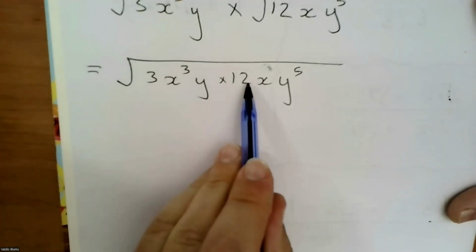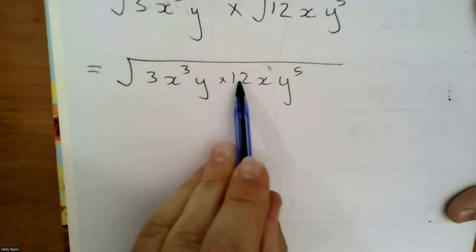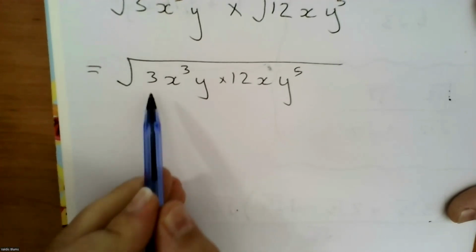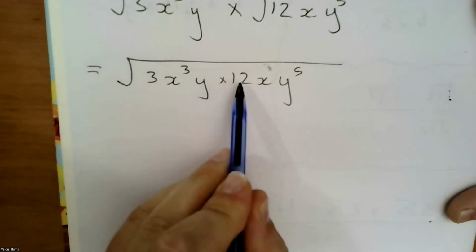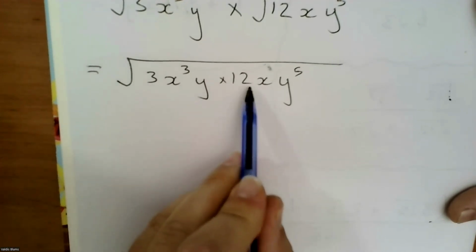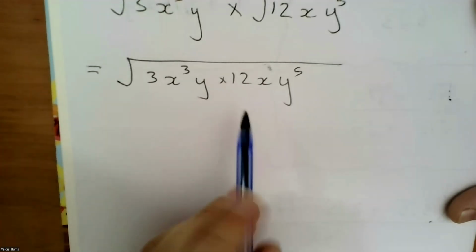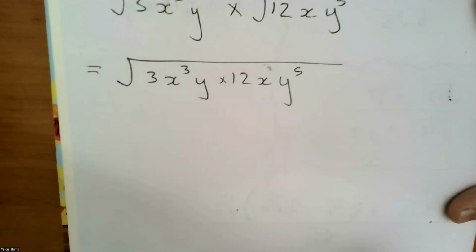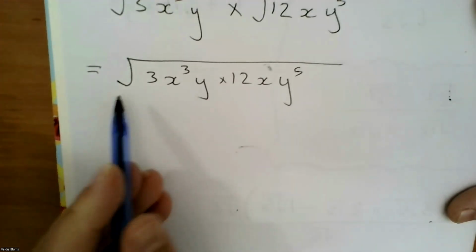Now, you could go 3 times by 12 to get you to 36, but it's sometimes easier to keep the numbers smaller to see what you can pull out. So instead of combining them to a larger number, let's actually break 12 down to see if we can pull anything out.